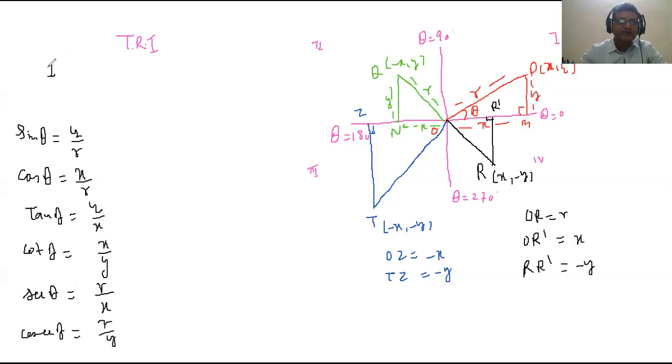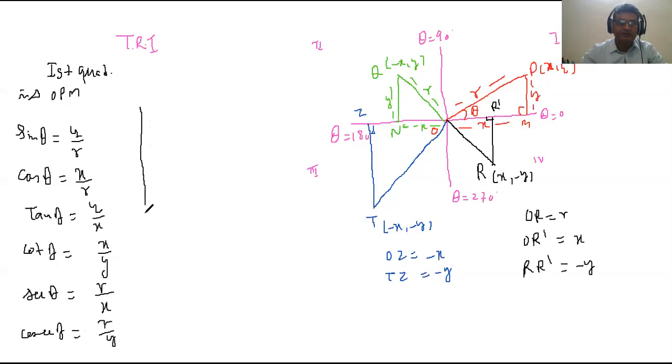So this we are taking in the first quadrant in a triangle, say OPM. Similarly, in all the four triangles, these ratios will remain the same. Only the signs of x and y will change.